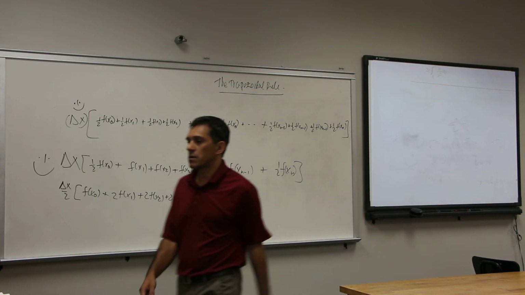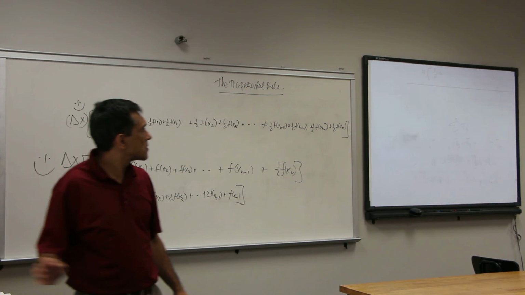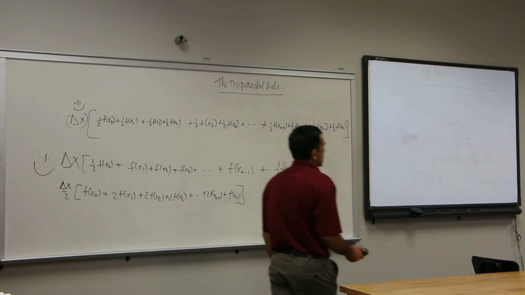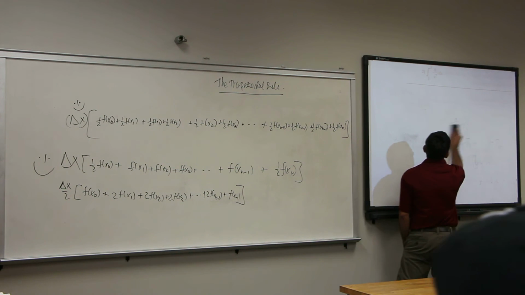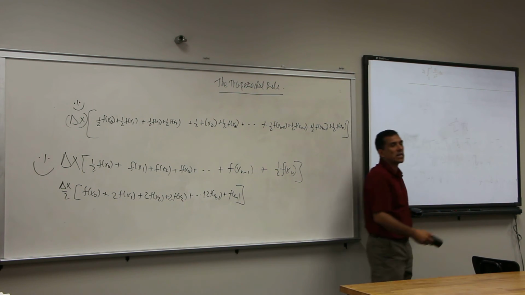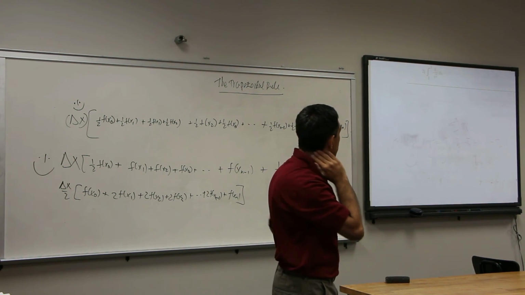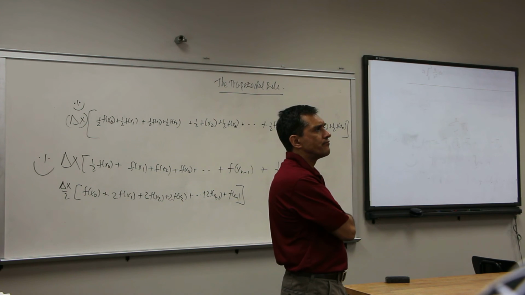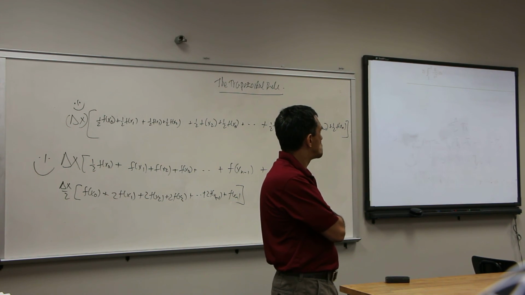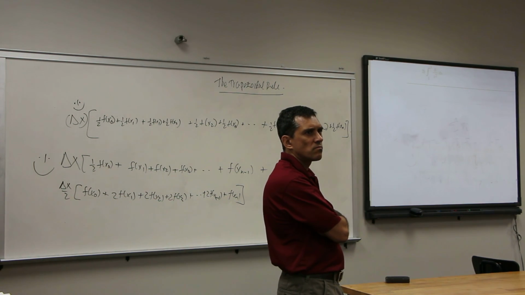Exact answer. The area under 8 over x squared between 1 and 3. Exactly. Eight minus 8/3.